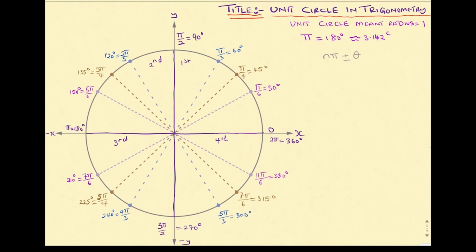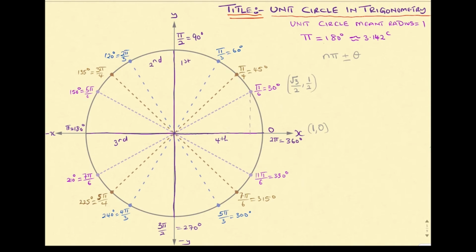For 0 degrees, x value is 1 and y is 0, because the y value doesn't have a height. For 30 degrees, there's a height for the y value. The x value for 30 degrees is root 3 over 2, comma a half.